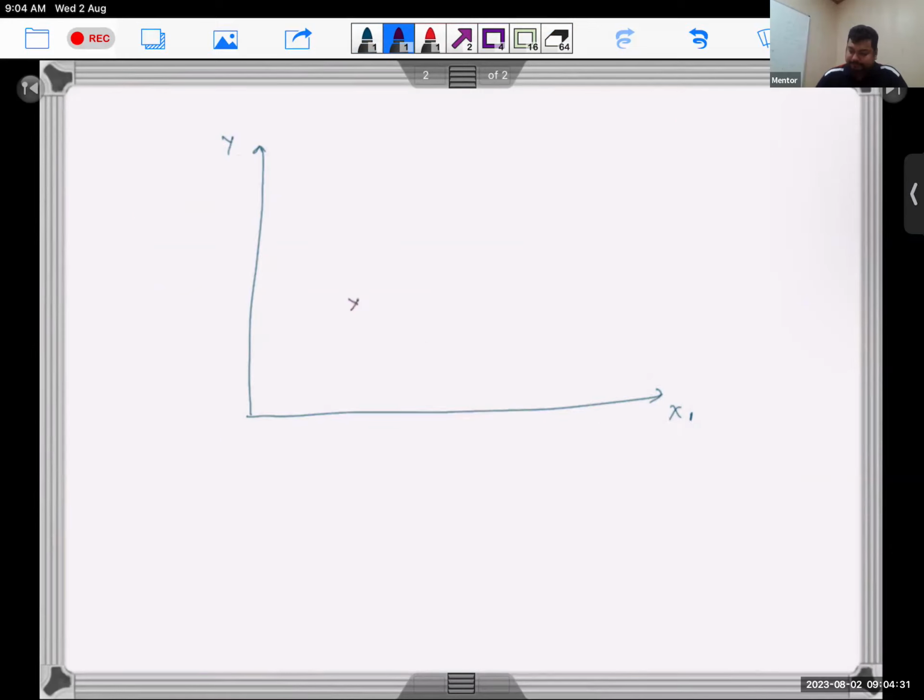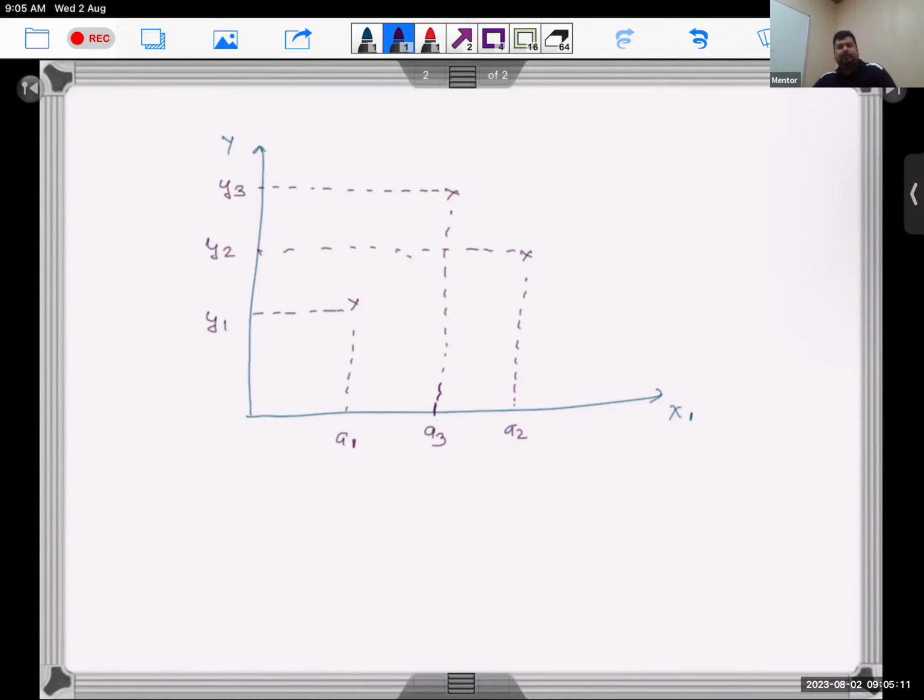If this is the point A1 with output Y1, and this is the point A2 with output Y2, and somewhere here, a little above, is the point A3 with output Y3.